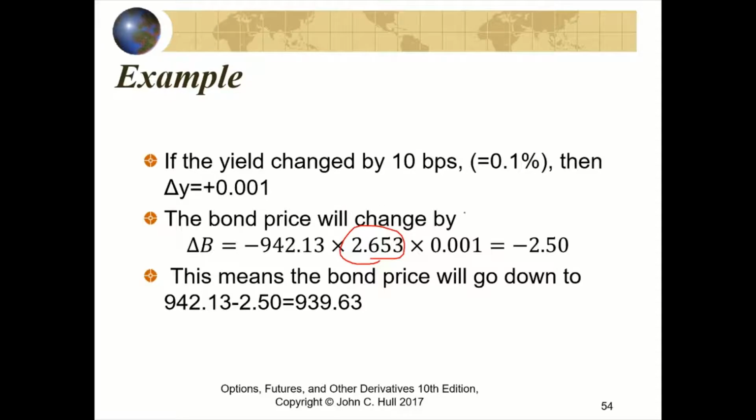So if the bond yield increased by 10 basis points, then the bond price change we get by multiplying minus the bond price times the duration times the change in the yield, and we will get a negative 2.5. Which means the bond price will go down from 942.13 to 939.63.